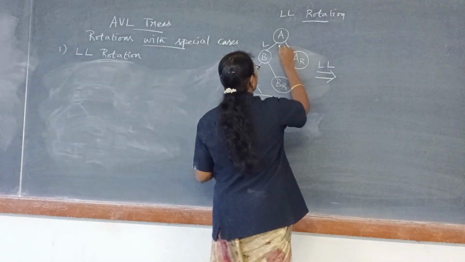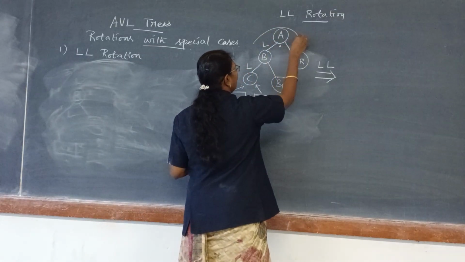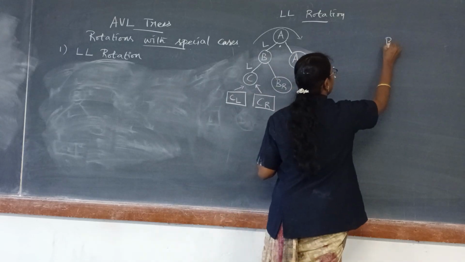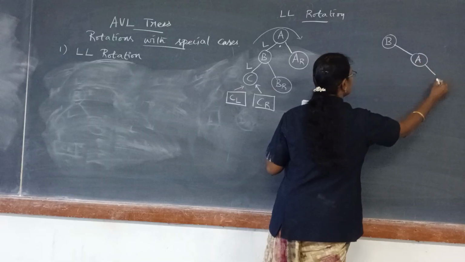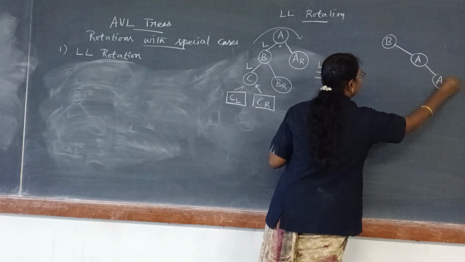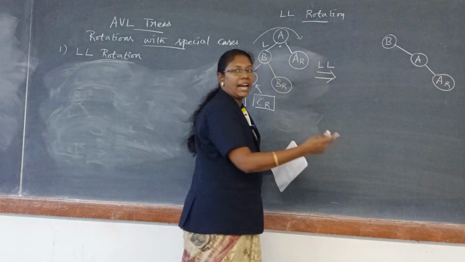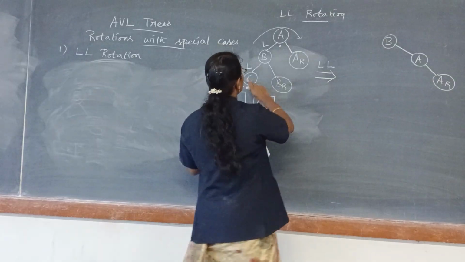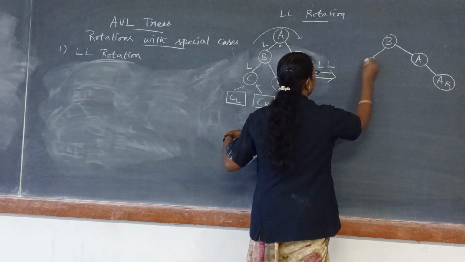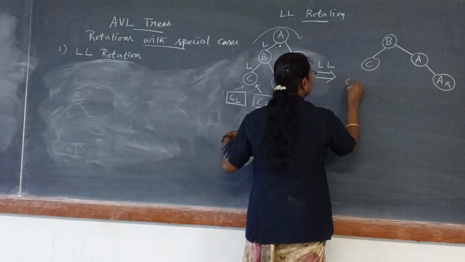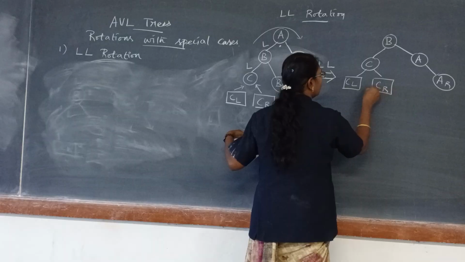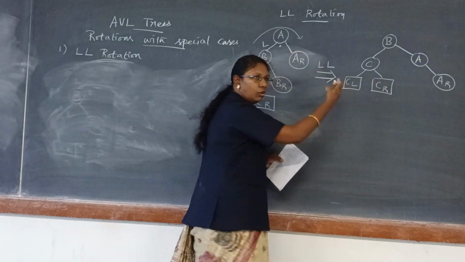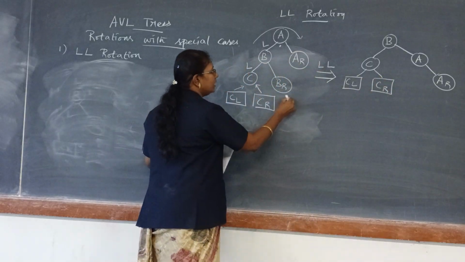So then what will happen? At this point, I am dragging everything towards this point, so B will come here and A will be shifted towards the right hand side, followed by the right child of A, and C will be here. Either this CL or CR will be attached to this node C. And what about this BR?